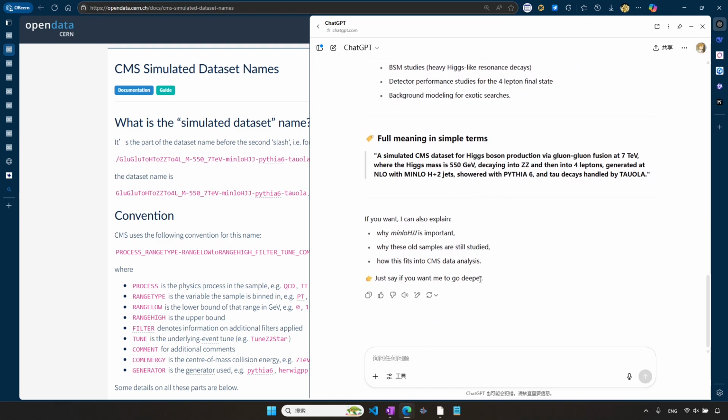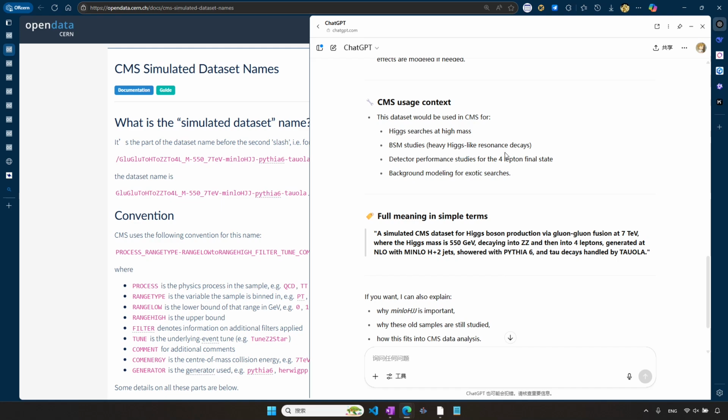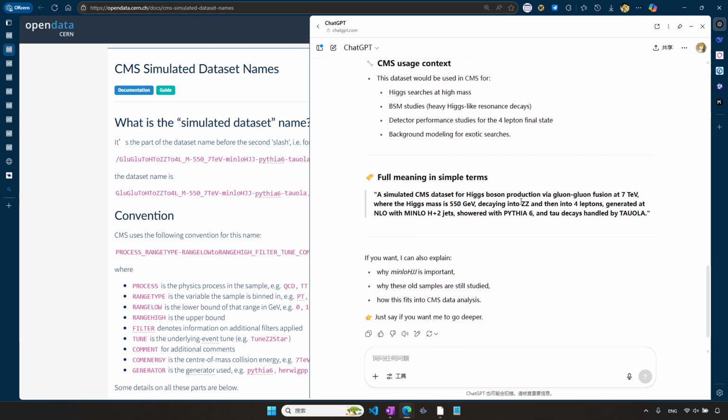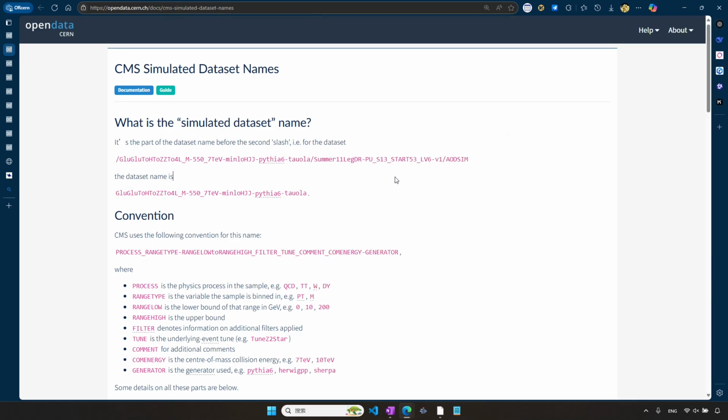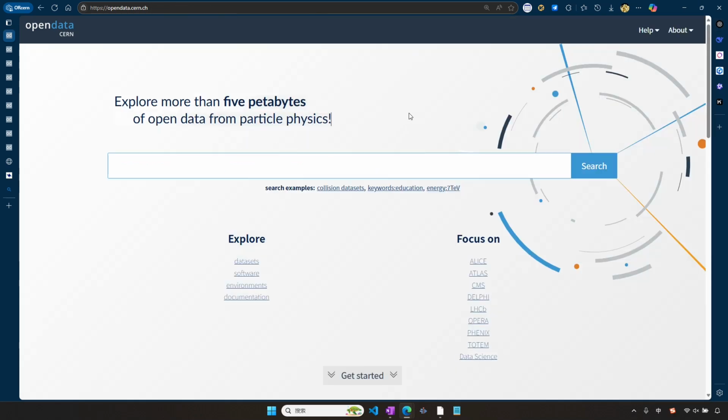So you can chat with the AI to find more details. Okay, go back to the front page. Above all, the Open Data website is a good start and an opportunity to explore modern physics experiments through a personal computer, and I think it's an interesting journey.